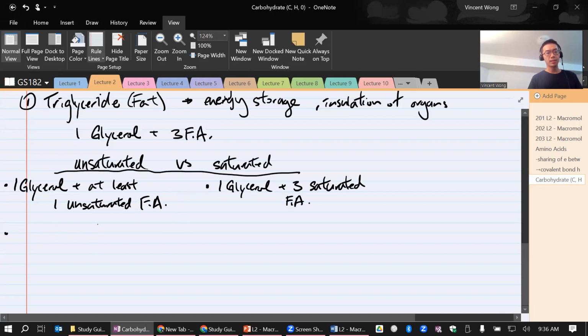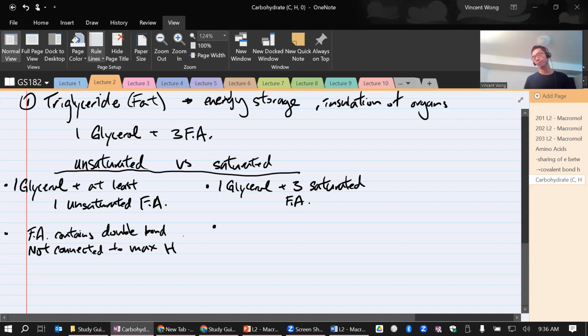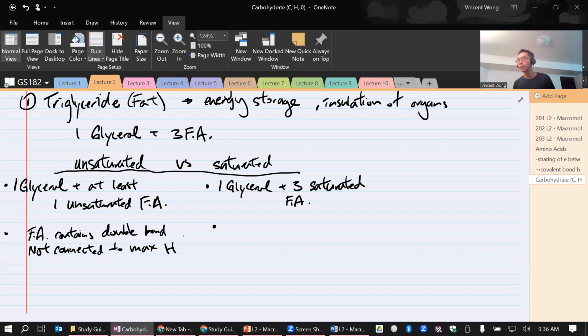Now, what is the meaning of saturated and unsaturated fatty acid? Unsaturated fatty acid means the fatty acid contains double bond, not connected to maximum number of hydrogen. You still have more room for it. It's not saturated yet.